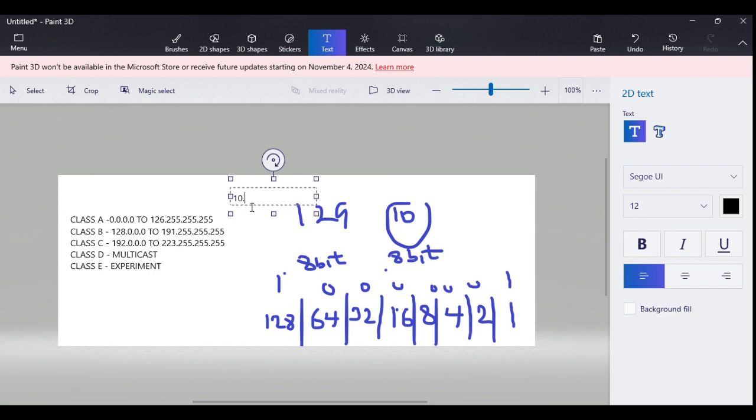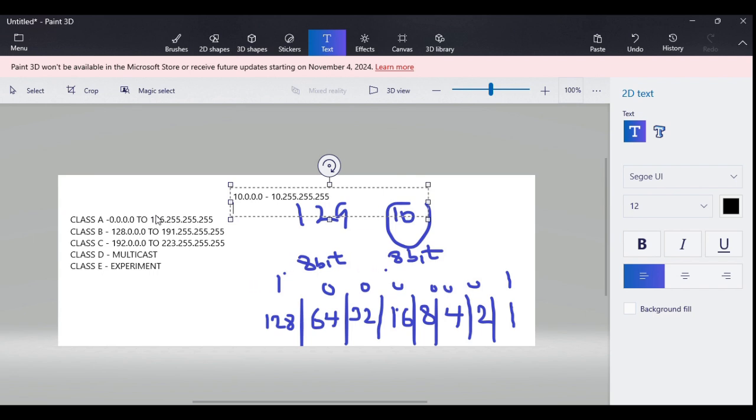For the private IP address range in class A, you only have 10.0.0.0 to 10.255.255.255. Any other IP address that exists within this class A range is known as a public IP address.